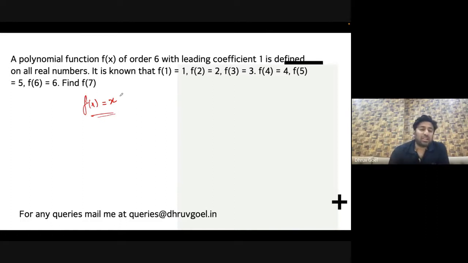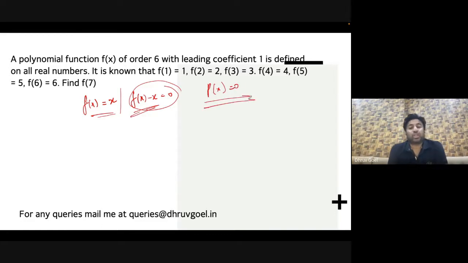But I can say, okay, if f(x) equal to x, then f(x) minus x should be equal to 0. If I replace this as P(x), I'll say P(x) equal to 0 only when x equals 1, 2, 3, 4, 5, 6. If I'm getting P(x) as 0 at certain values of x, that means those values must be roots of P(x).